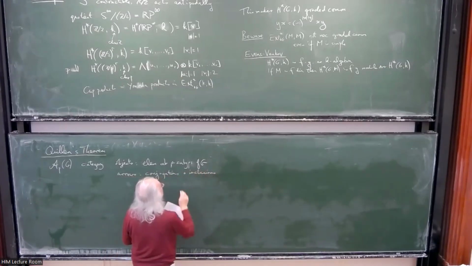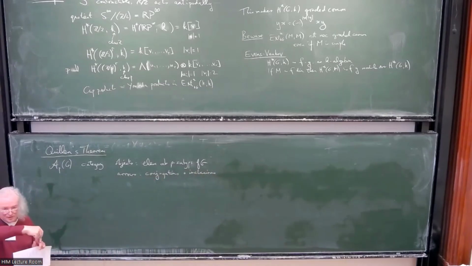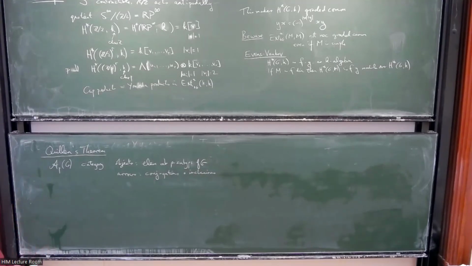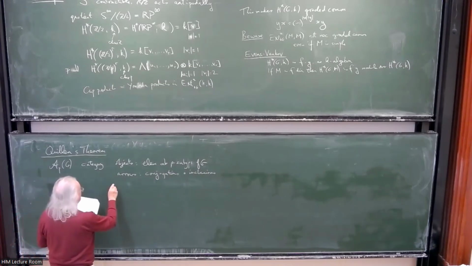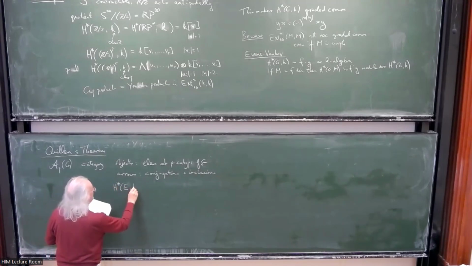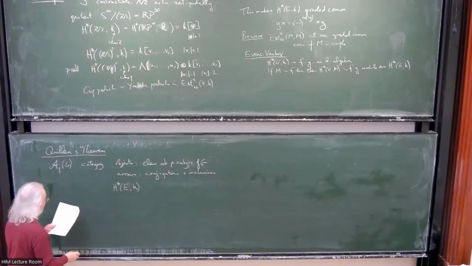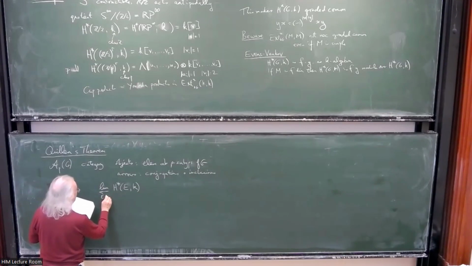So if you have two elementary abelian subgroups of your group, you might be able to conjugate one into the other and then include it. And then what you do is you take all these elementary abelian subgroups and you take their cohomologies and you take the limit over this category.